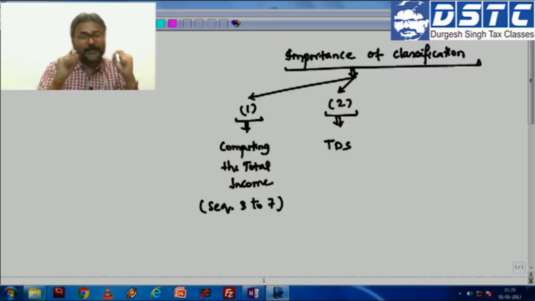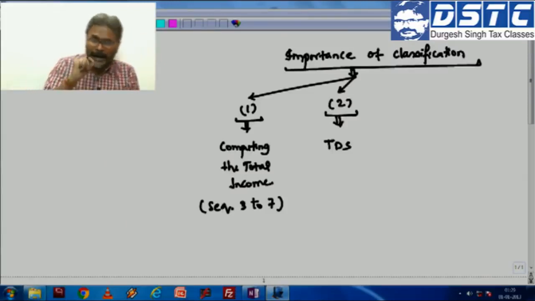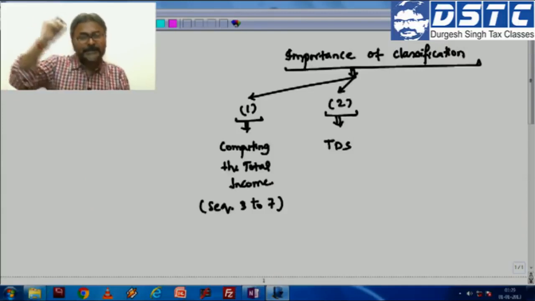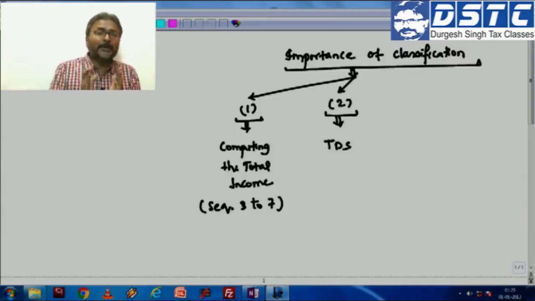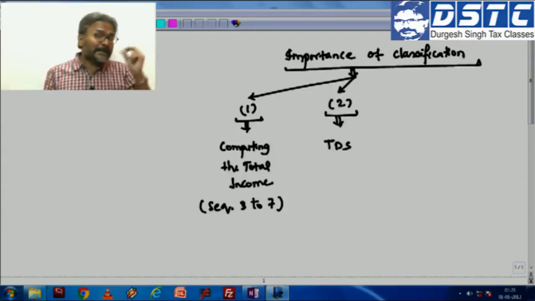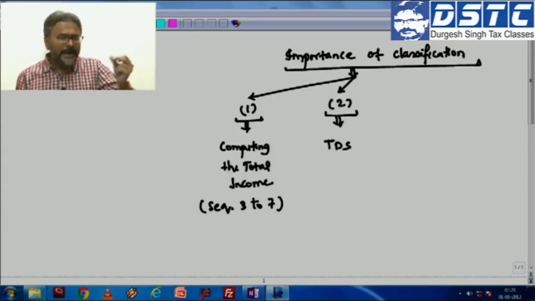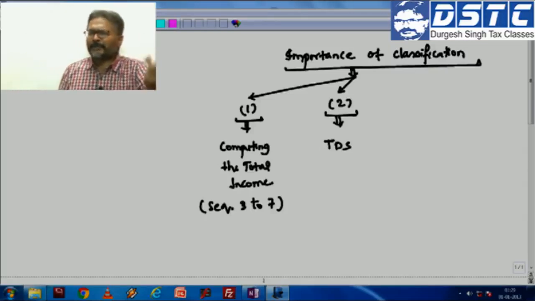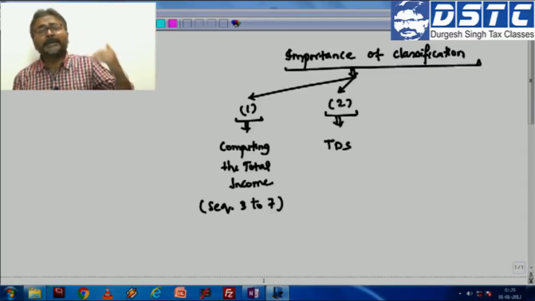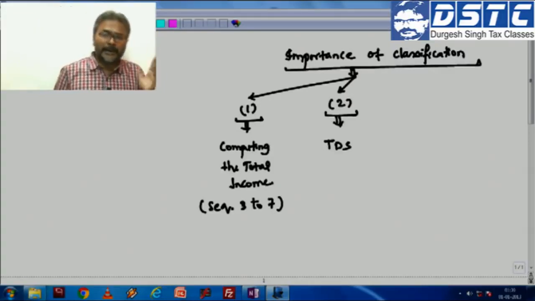So the characterization of the amount as salary, as rent, as fees for technical service, etc. are critical. Unless and until the amount which has been paid by the payer can be considered as a salary or royalty or FTS or rent, the question of TDS being deducted will not arise.